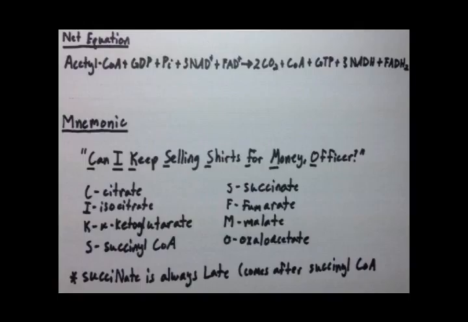So, can I keep selling shirts for money, officer? And another thing people can get confused on is which goes first, succinyl CoA or succinate. Something you can use to remember that is succinate is always late, meaning it comes second after succinyl CoA.